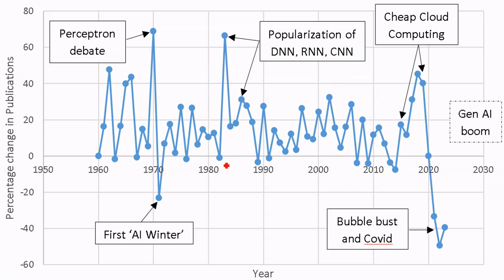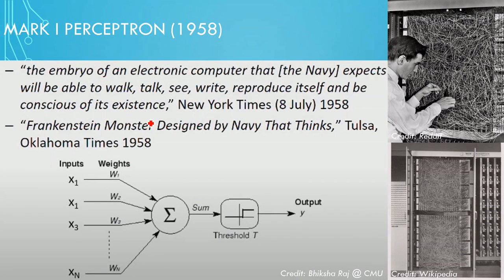So AI research started around 1960 with the advent of the Mark I Perceptron, which was the first AI computer that was invented. It was not only a concept, as you can see here.